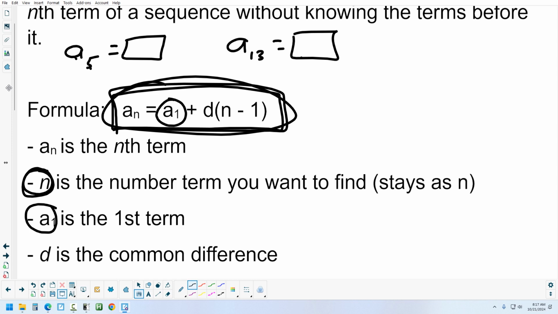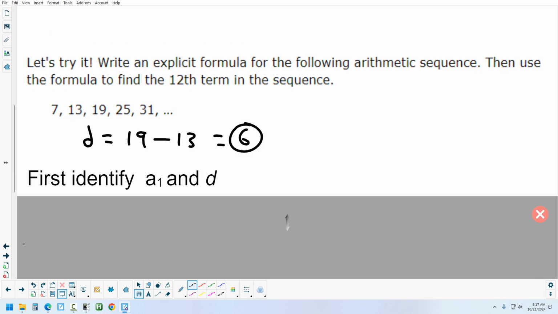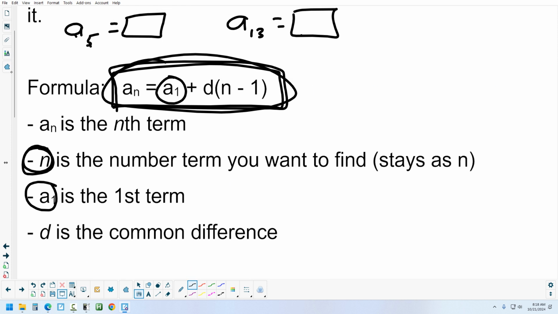First term. I need the first term. Those are the two things you need, the common difference and the first term. Okay, so we already identified D. I did it up above. And what's the first term in that sequence? 7.